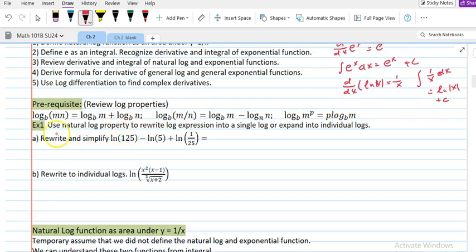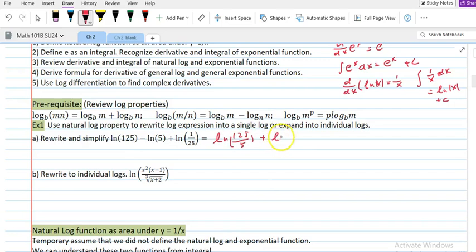So let's practice using log properties. We use log properties to write multiple logs in an answer as one log. Maybe when you do a derivative or plug in something, you have a whole bunch of logs, and you should use log properties to combine them and write it as one number. So we know ln 125 minus ln 5 is the same as ln of 125 divided by 5, right?